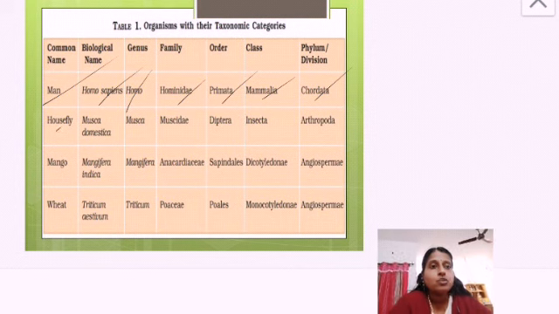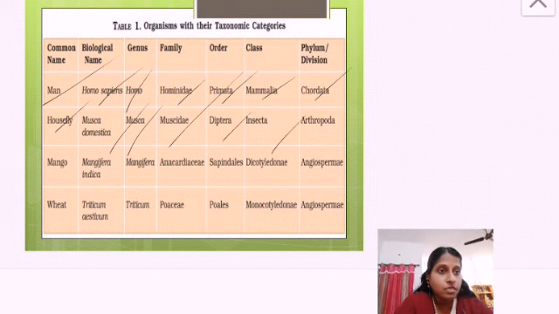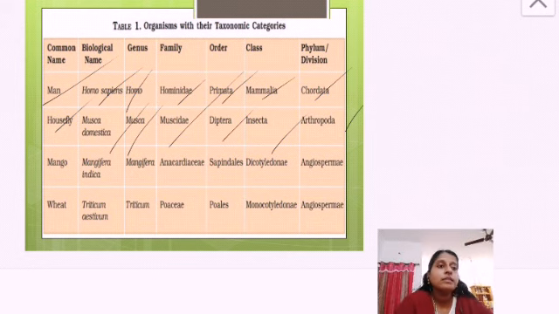Now housefly: Musca domestica is the binomial name, Musca is the genus name, Muscidae is the family name, Diptera is the order, Insecta is the class, Arthropoda is the phylum. As you go on, they have specific names.